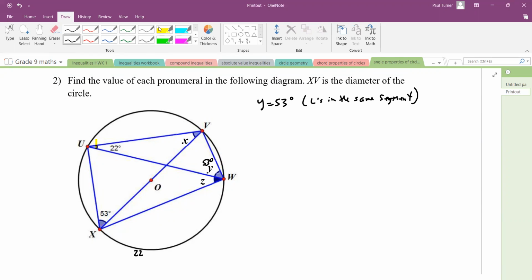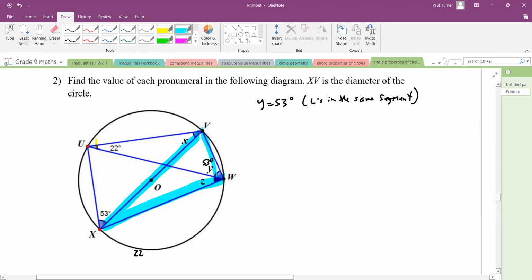And because this is through the center, now you have this triangle here. Okay, which means that this angle here is going to be a right angle.